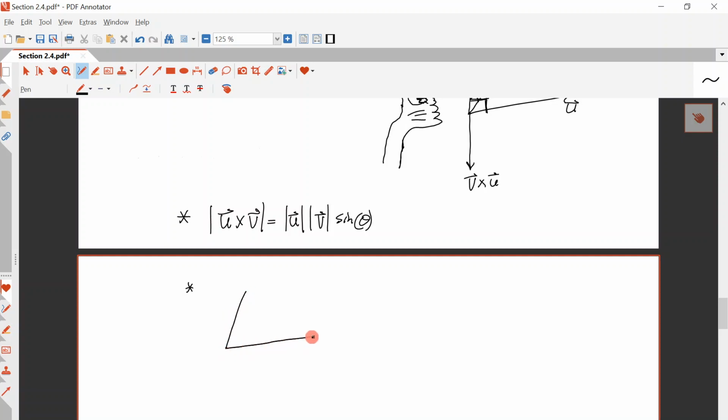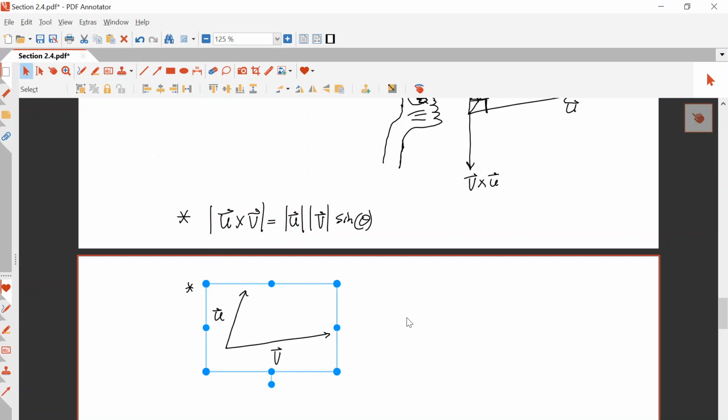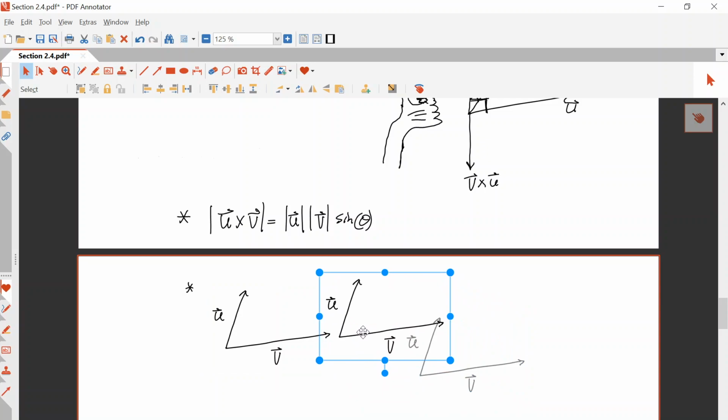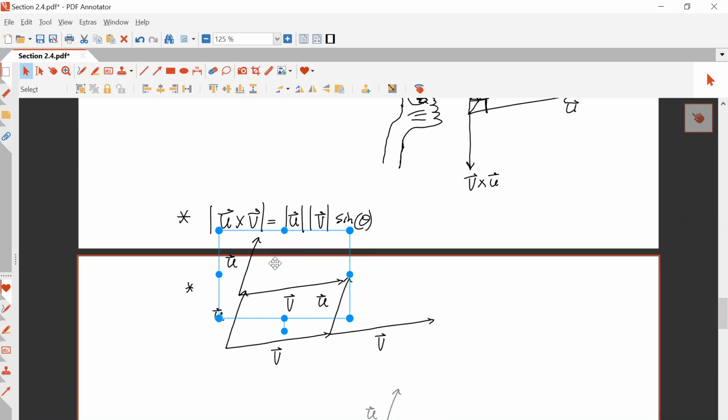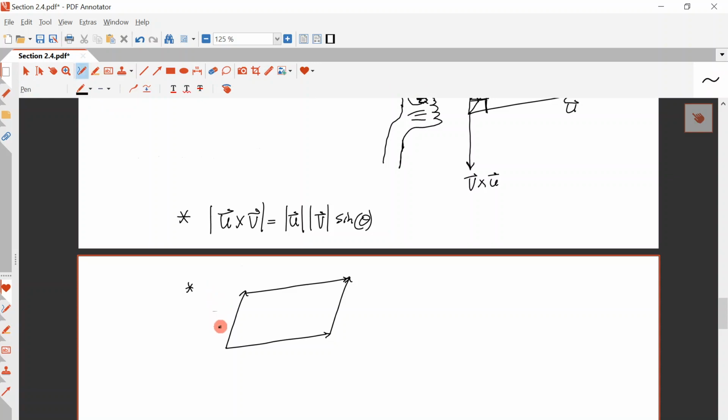Also, given u and v, you've got this parallelogram. If you remember, you can put copies of u and v above and below like that. So this is u and this is v, and they create this parallelogram.